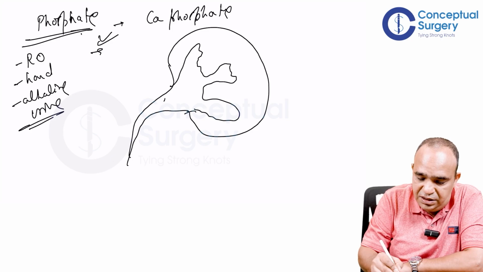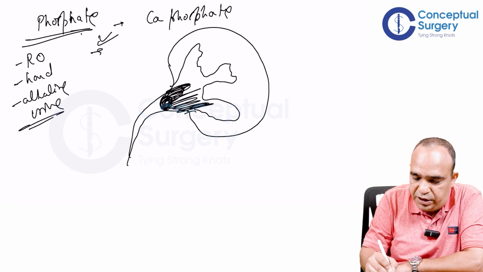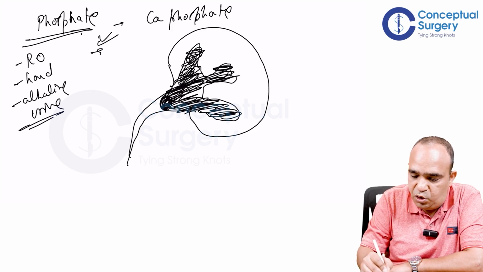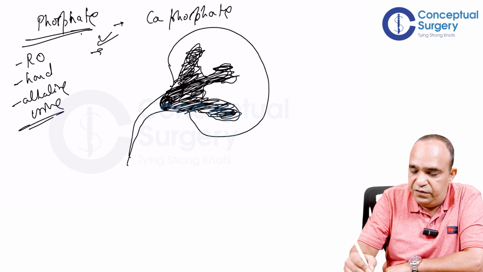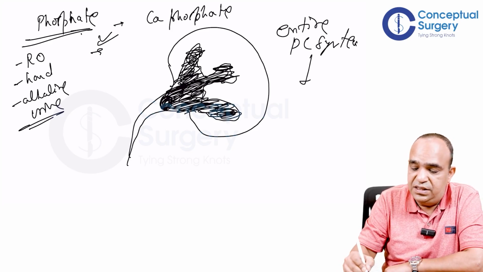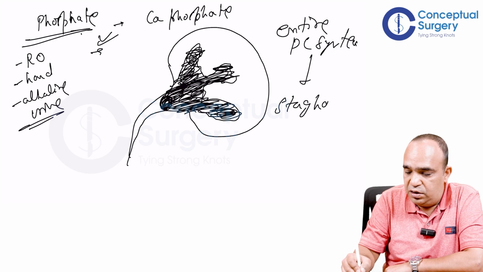So it starts in the pelvis. Suppose a small stone keeps growing, keeps growing. It fills up the entire pelvicalyceal system. And this is called staghorn calculus.